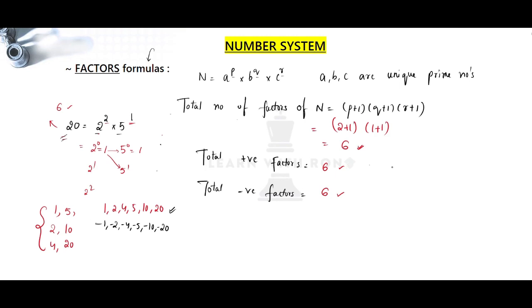If they ask for total integral factors, it is nothing but total positive factors plus total negative factors. In the example of 20, total positive factors are 6 and total negative factors are also 6. So we got a total of 12 integral factors.